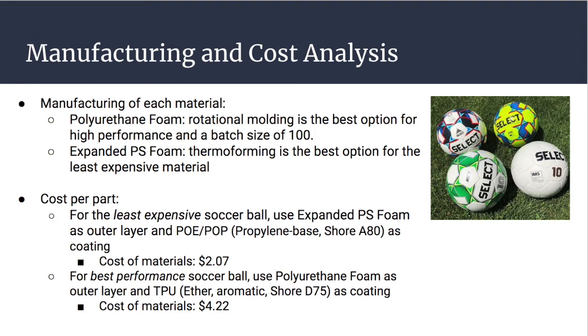Cost per part, for the least expensive soccer ball, we used expanded PS foam as the outer layer and POE/POP as the coating. The least expensive cost of the materials would be $2.07. For best performance soccer ball, we used polyurethane foam as the outer layer and TPU as the coating, and the cost of the more expensive soccer ball would be $4.22.